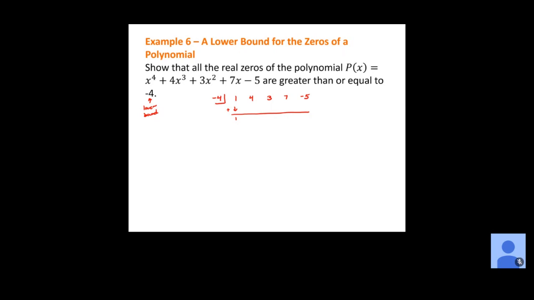So this time we have 1 times -4 is -4. 4 plus -4 is 0. 0 times -4 is 0. 3 plus 0, 3. 3 times -4, -12. 7 plus -12, -5. -5 times -4 is 20. And -5 plus 20 is 15.